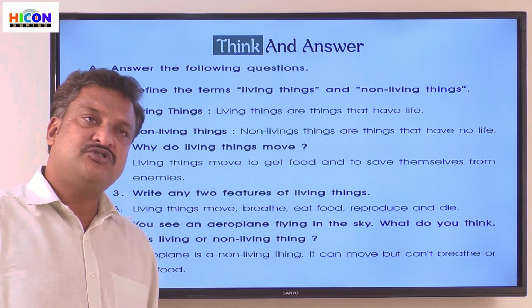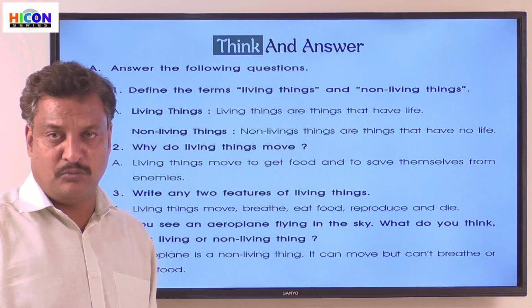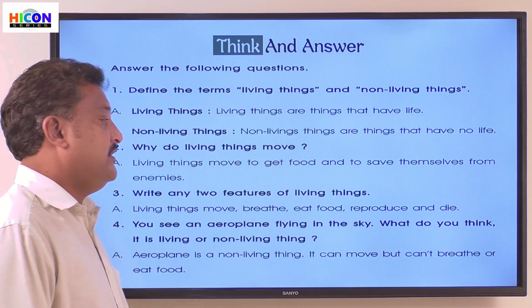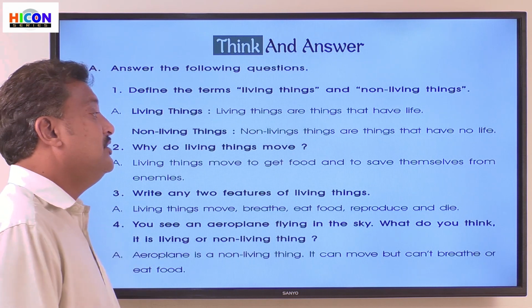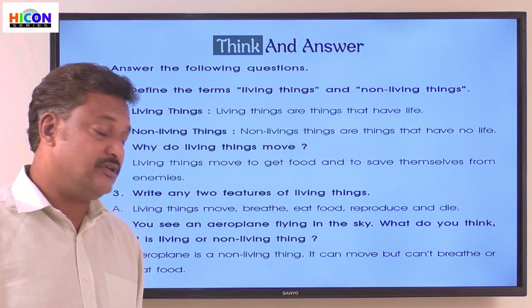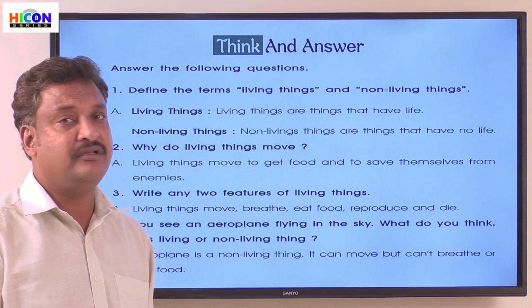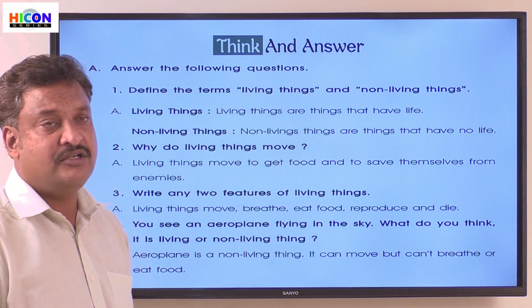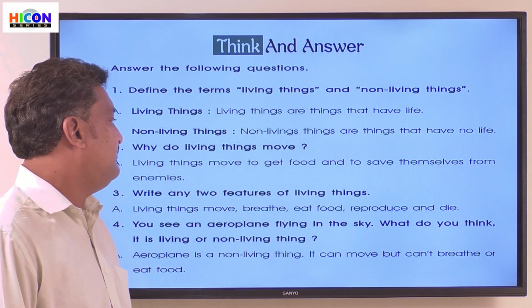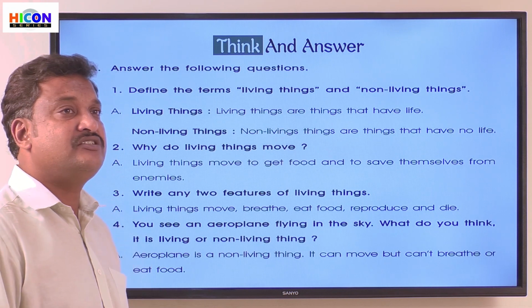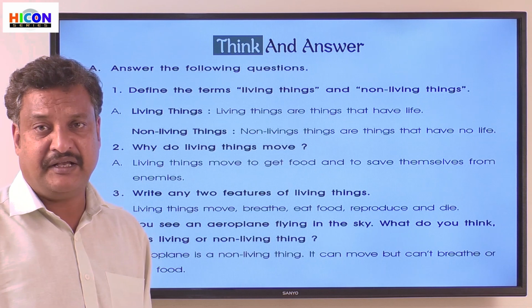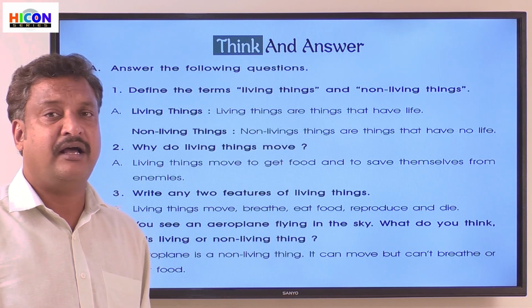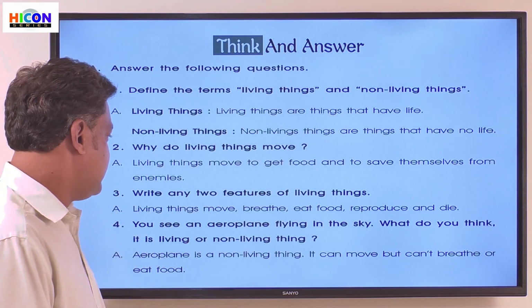So there are basically 2 reasons for the living things to move. One is to go in search of food, and the second, to protect themselves from enemies or animals.